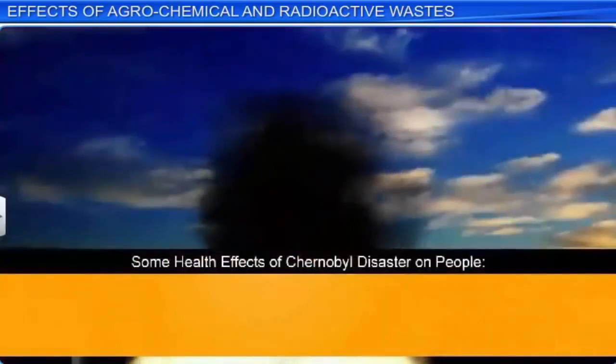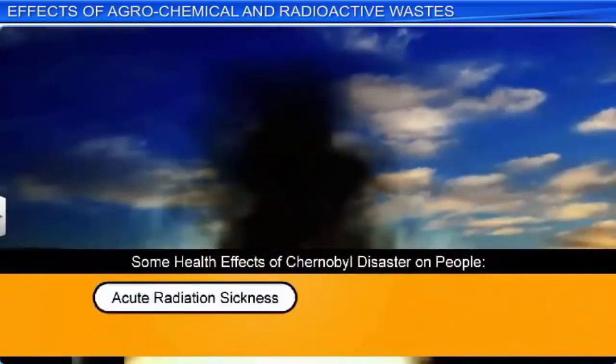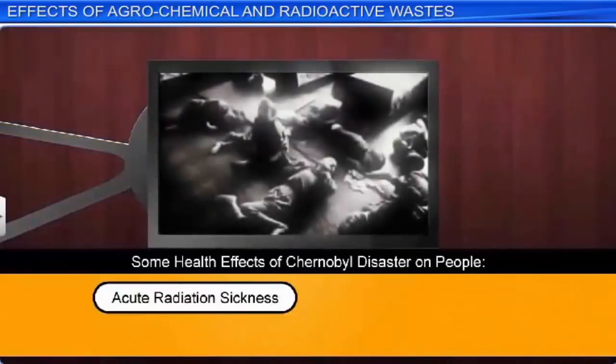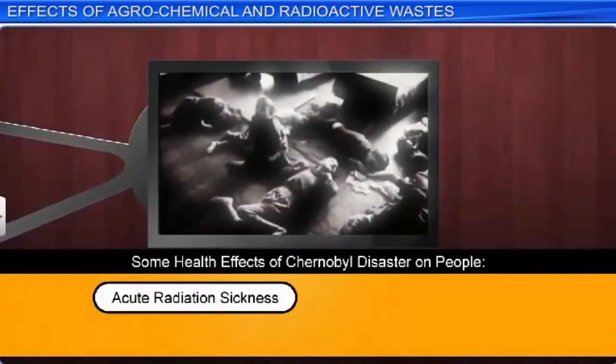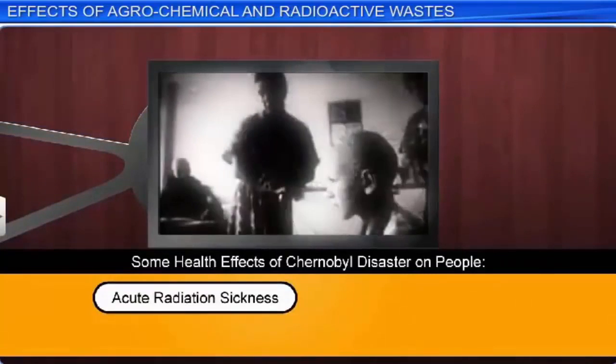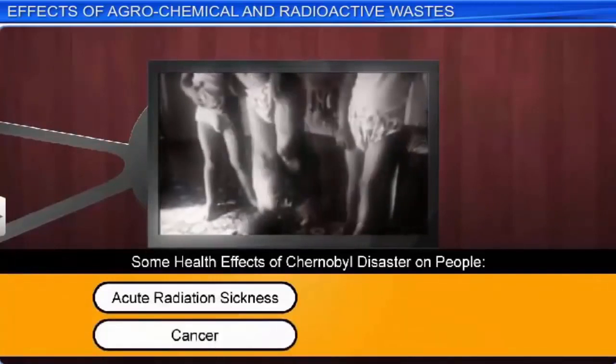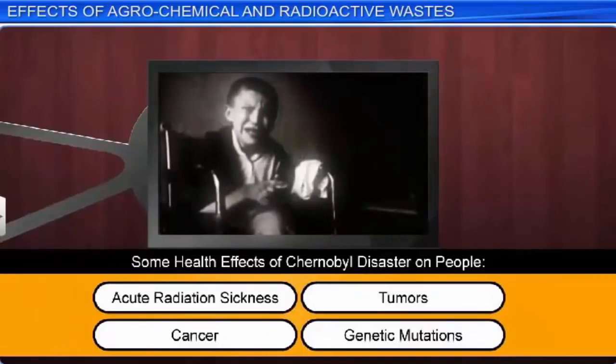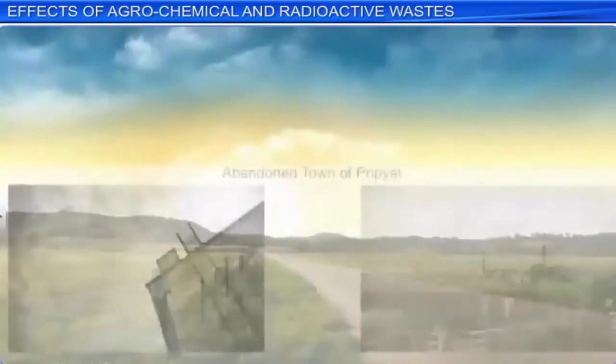Many people suffered from acute radiation sickness, where their organ tissues were damaged due to excessive exposure to radiation. Several others developed cancer and tumors and underwent genetic mutations. In a few weeks, people evacuated this town.